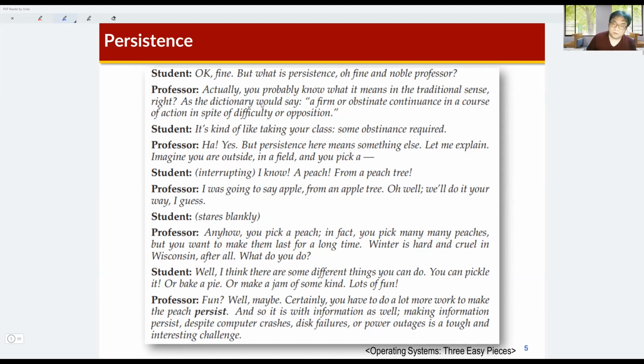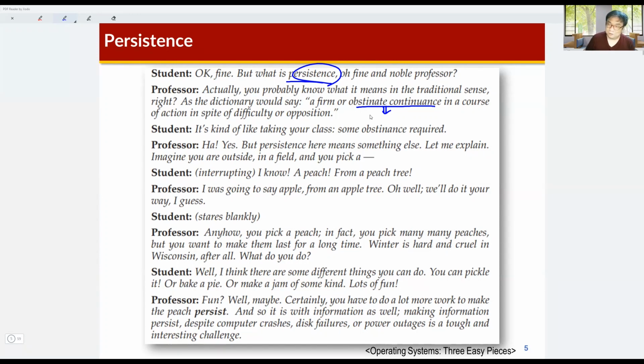In this conversation, the student asked the meaning of persistence to the professor. And the main meaning of this word persistence is a firm or obstinate continuance. So it's the same. Okay. I think the professor also searched Google.